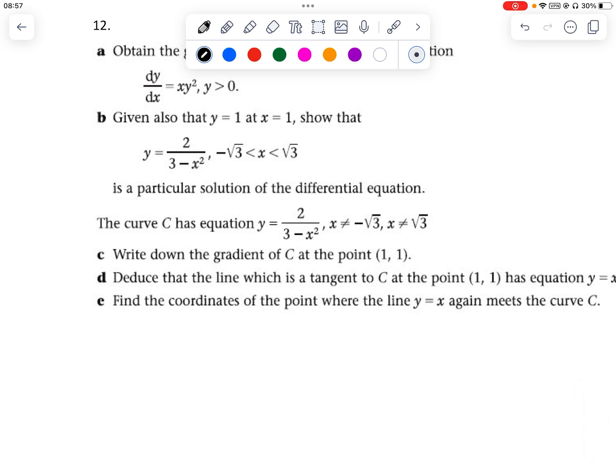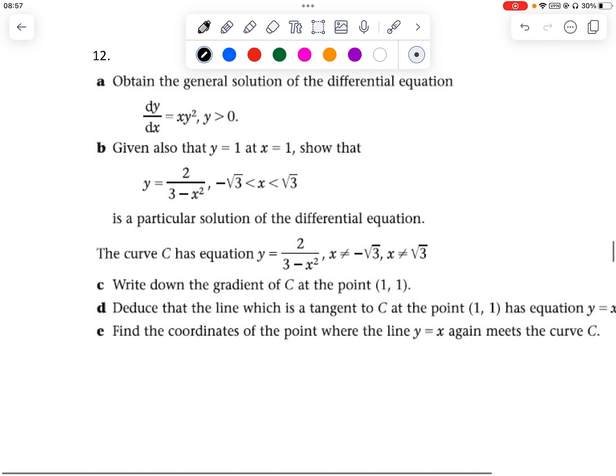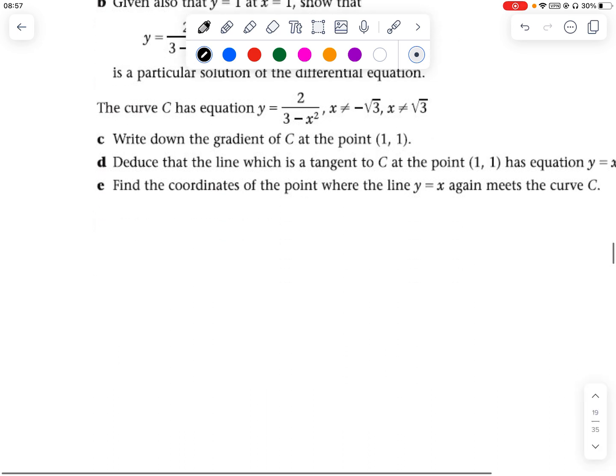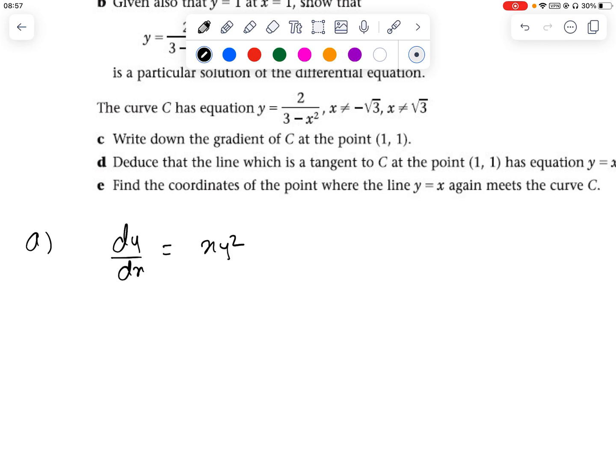Question number 12. dy by dx equals x y square. Find the general solution of the differential equation. So 1 upon y square dy equals x dx. Apply integral on both sides.